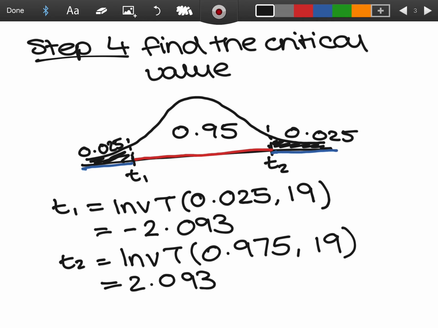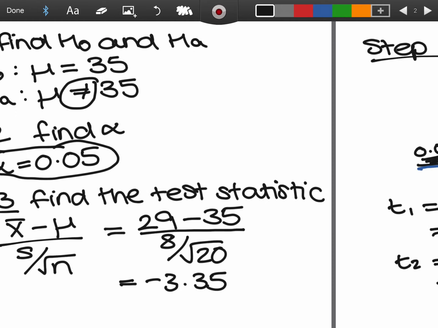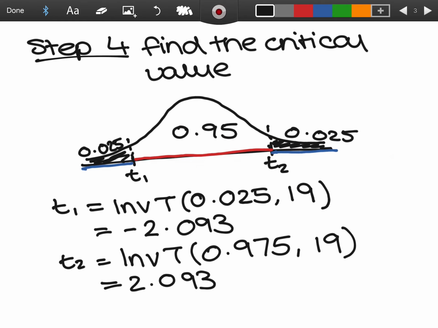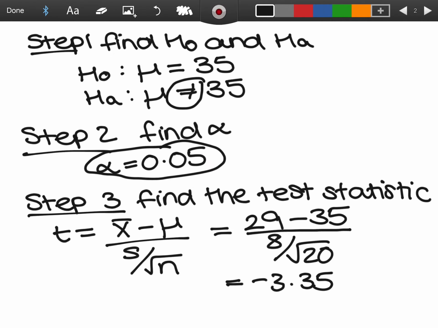Now we want to see where our test statistic lies. If we look at our test statistic, it was negative 3.35. So let's look at where that is on our diagram. t1 was negative 2.093. t2 was 2.093.